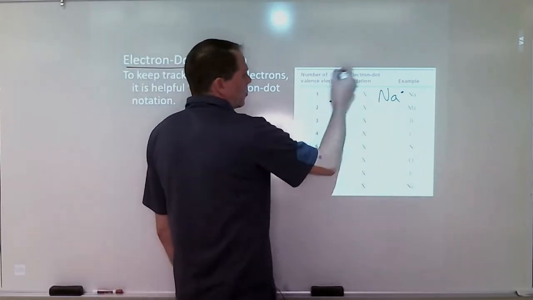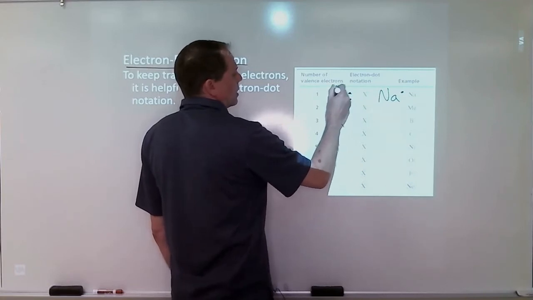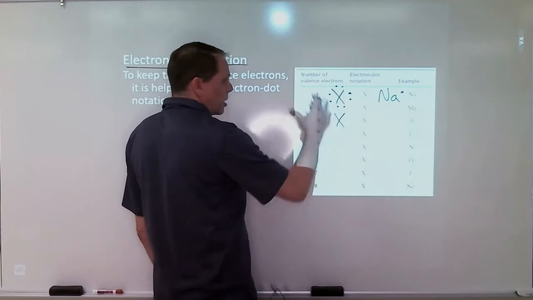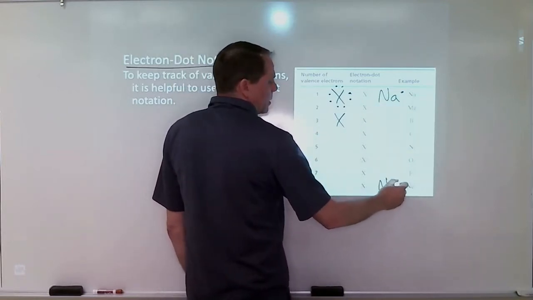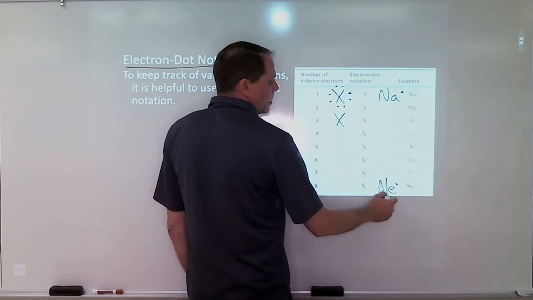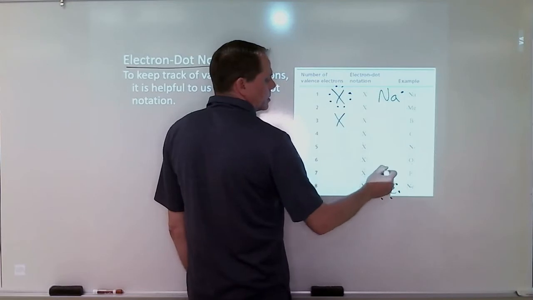And so after you filled up one on each side, then you'd start doing two on each side, right? And so you can start filling in until you get all the way around. Now, sodium is only going to look like that, but by the time you get down to neon, that's the one that's going to have electrons filling up every single spot.